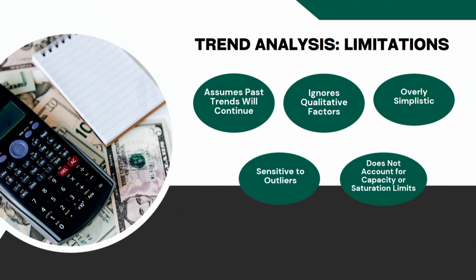Similar is the case with trend analysis as a method of projecting income statement, owing to the simple reason that there are certain challenges to be taken into consideration while adopting trend analysis as a method of income statement projection. To start with, it assumes past trends will continue.